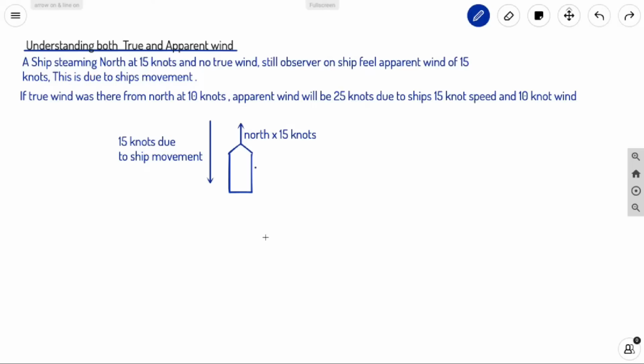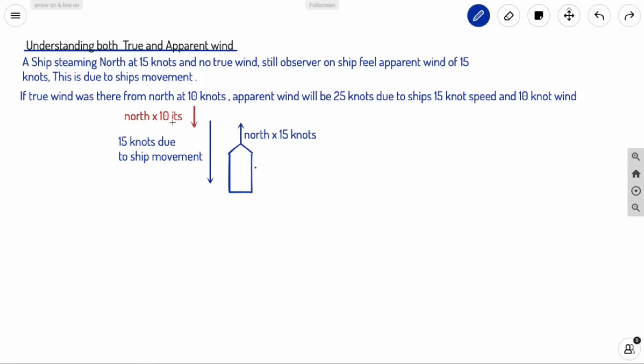Now you can see, due to the ship moving northerly at 15 knots, there will be another force acting opposite to it, similar to the speed of the ship, that's 15 knots. That's due to the ship's movement. And true wind was from north, and it's 10 knots.